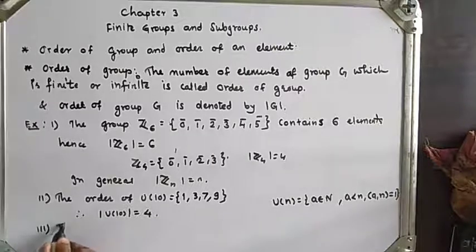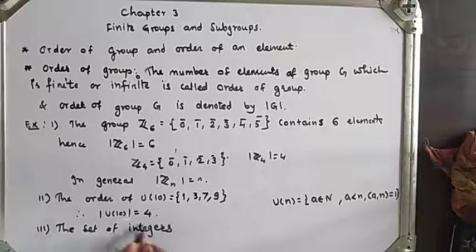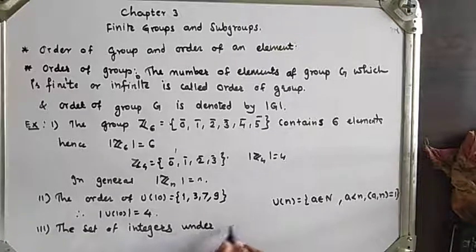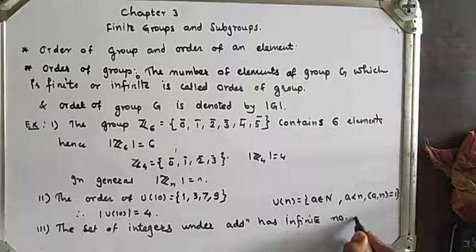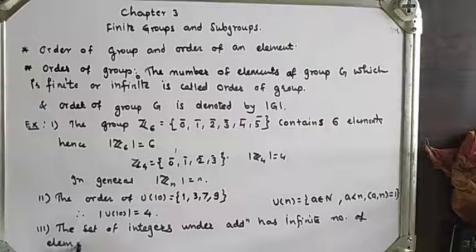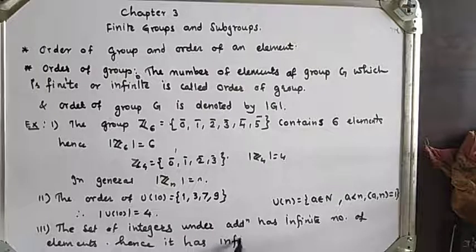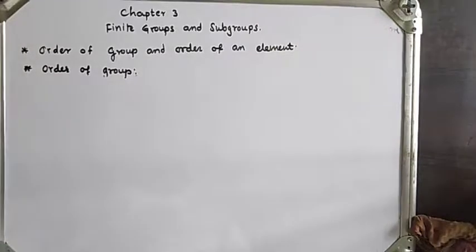The set of integers contains infinitely many elements, so the set of integers under the addition operation has infinite order. Right? So now we have seen the order of a group.